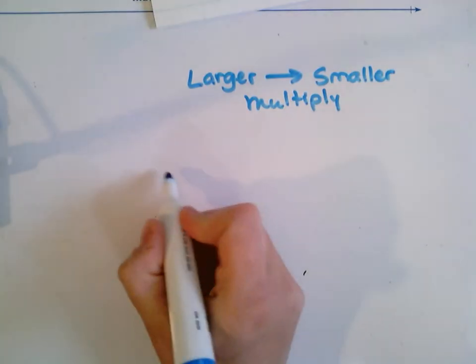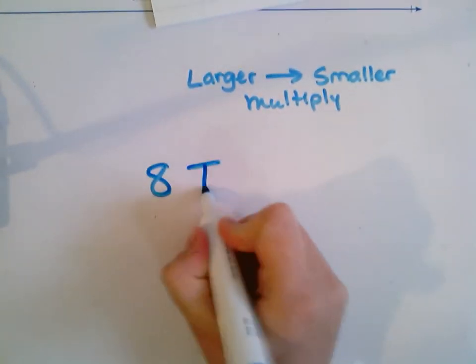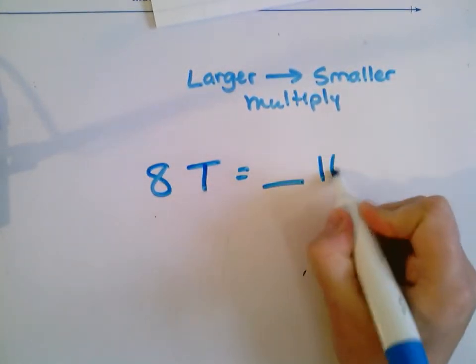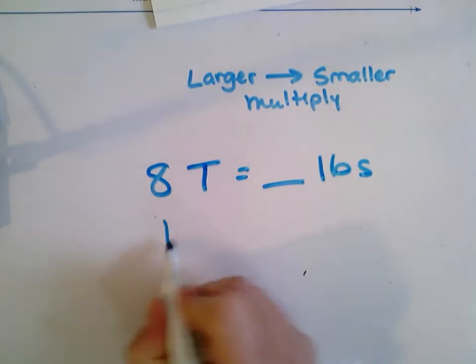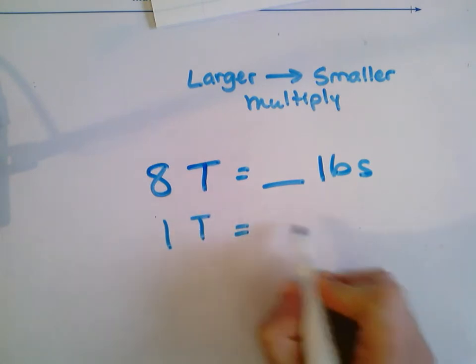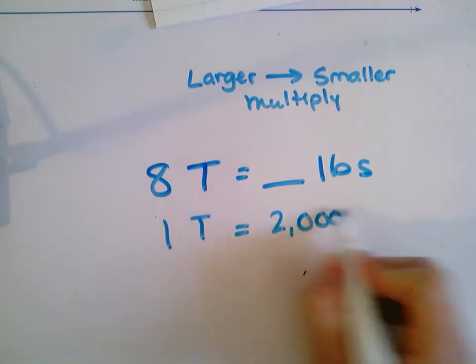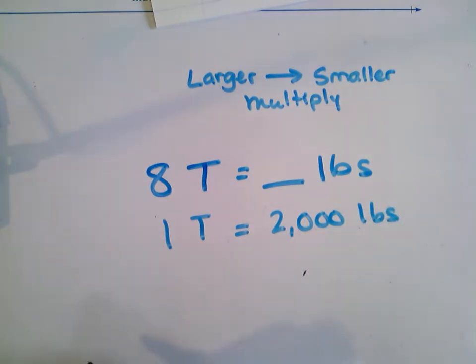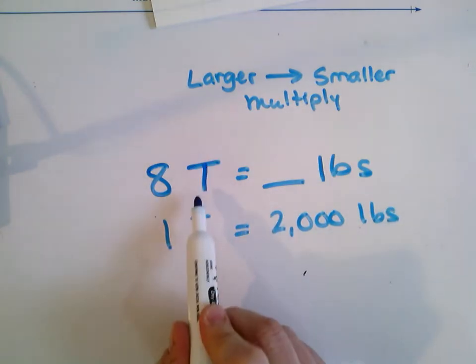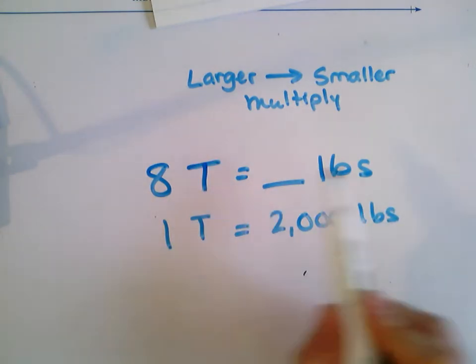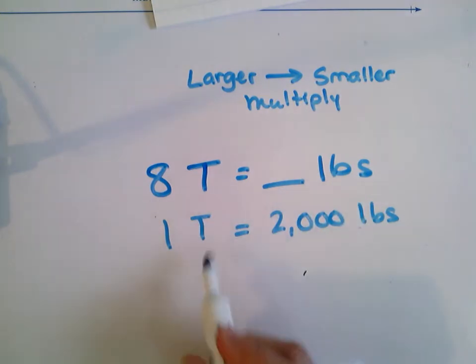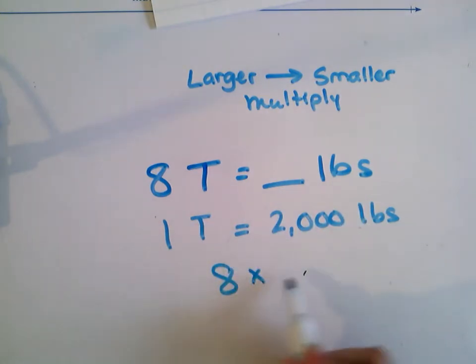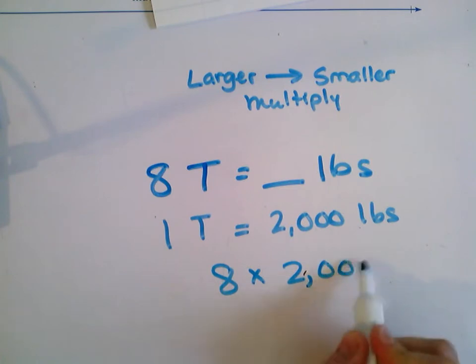What if I had 8 tons? How many pounds would that be? Remember, 1 ton is 2,000 pounds. So I'm going from my larger unit of tons to my smaller unit of pounds. I'm going to multiply 8 times 2,000.